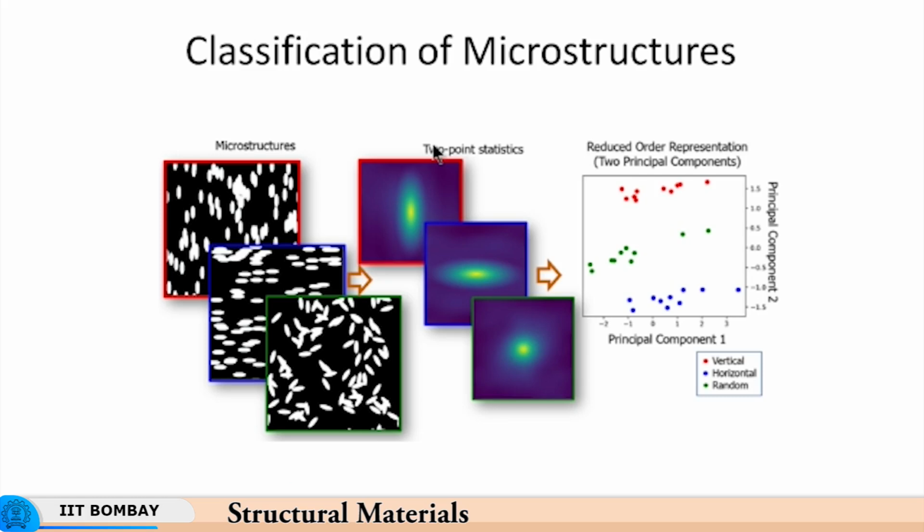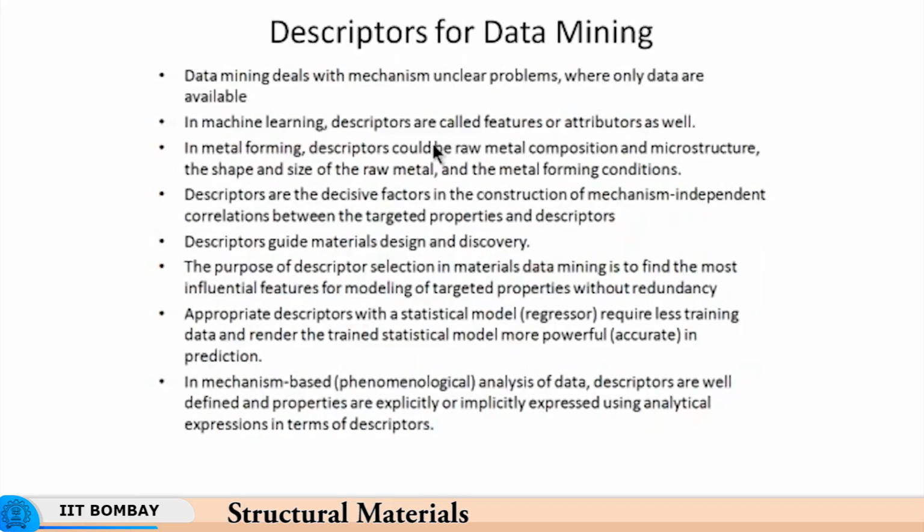So you have 2 principal components correlated with each other, and for certain values of component 1 and component 2 the orientation is horizontal, at others it is vertical, and few others it is random. So you can establish therefore a reduced order representation of microstructures and the conditions under which they can be obtained.